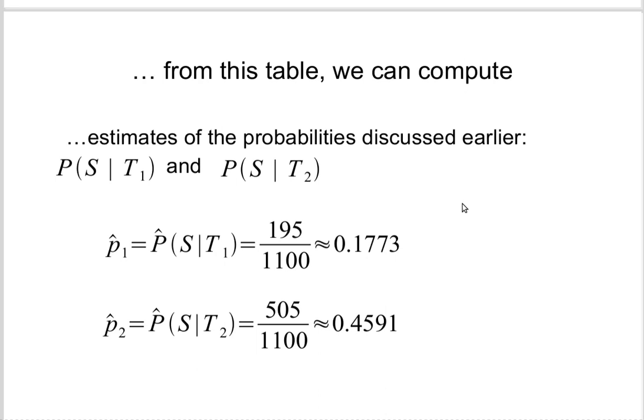So P1 hat is this 195 over 1100, and P2 hat is 505 over 1100. Those are estimates of the unknown probabilities. The probabilities are never directly known to us in epidemiology and almost all of biostatistics. So then we have estimates of those probabilities.